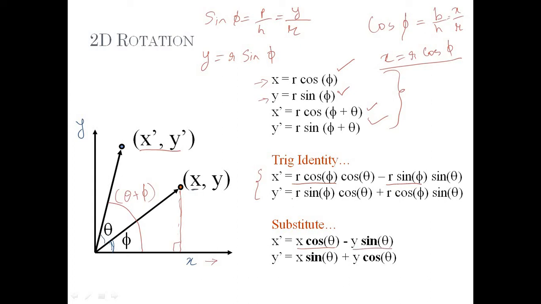Likewise, y dash is equal to r sin phi cos theta plus r cos phi sin theta. r sin phi is nothing but your y, so you get y cos theta, plus r cos phi, which is nothing but your x sin theta. So this is your formula for rotation of an object.